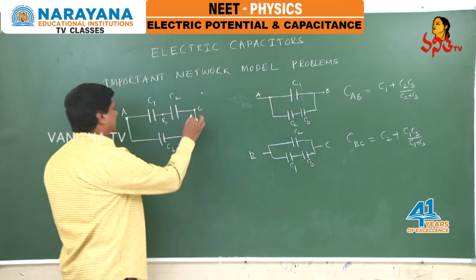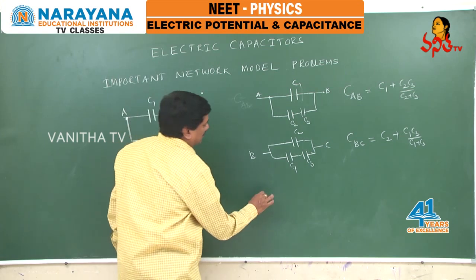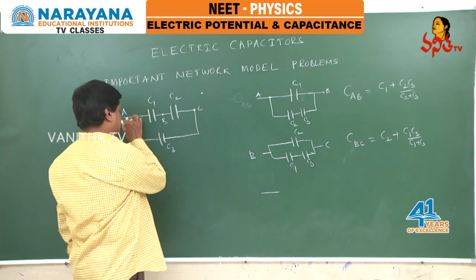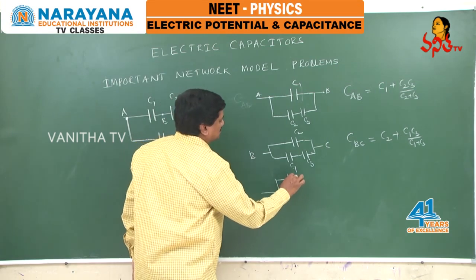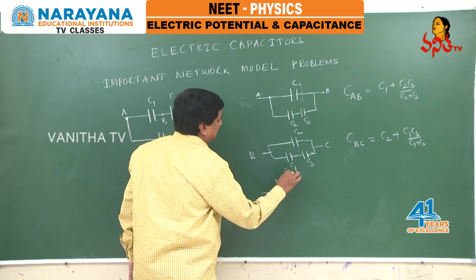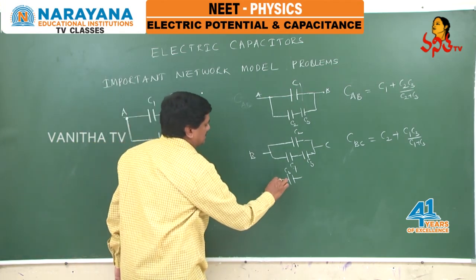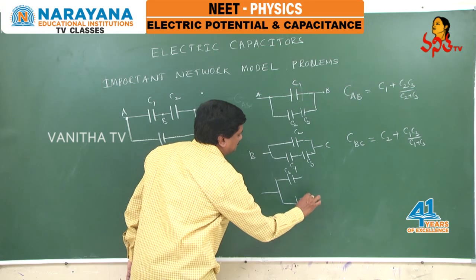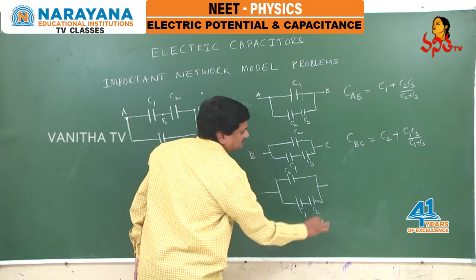Like this, we can calculate the effective capacitance between A and C also. If I want to write the capacitance between A and C, the direct path has to pass through the third capacitor, that is C3. Now, there is another one, along C1 and C2.